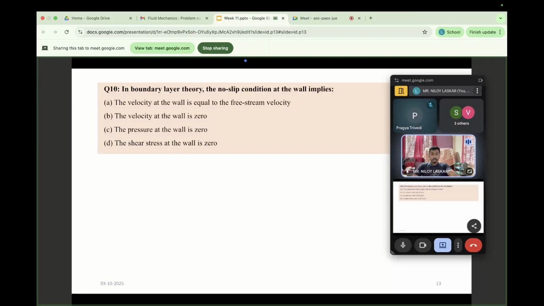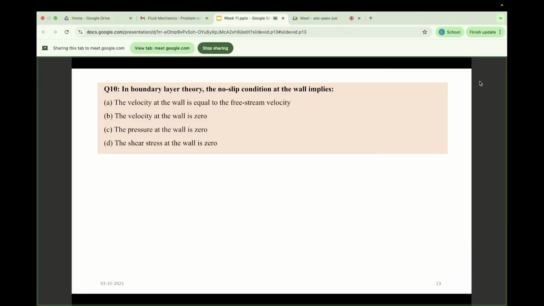Yes, option B is the correct answer, because the no slip condition implies this: say this is a flat plate, and the plate is moving at a velocity of, say, 2 meters per second.